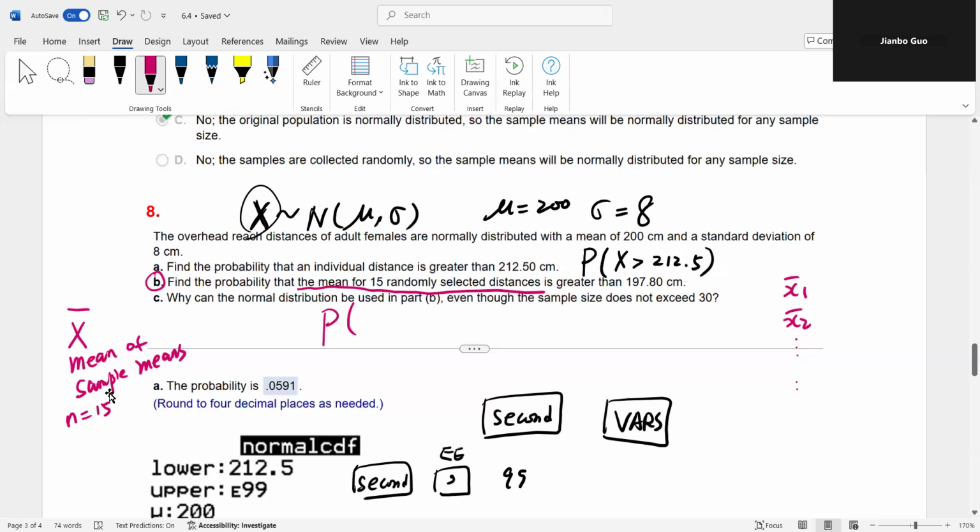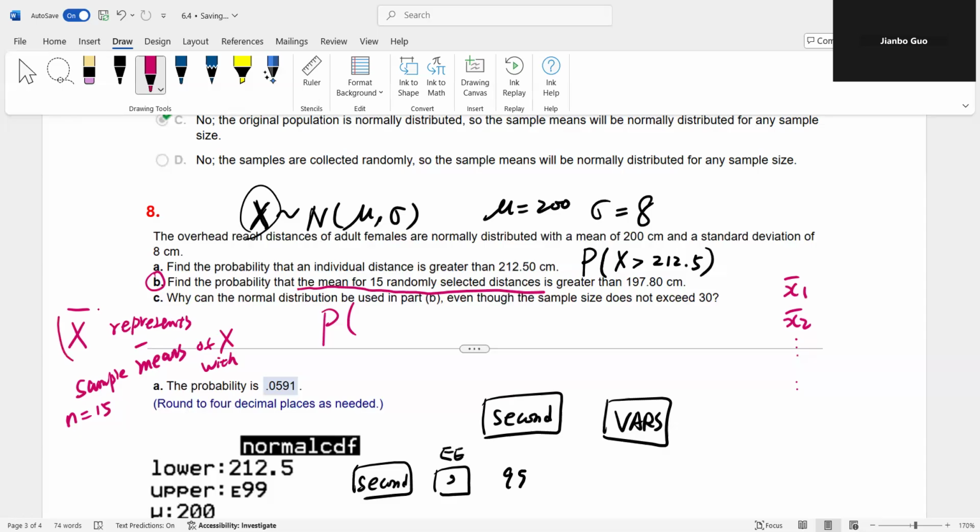By the central limit theorem, we know those sample means are normally distributed. I use capital X bar to represent the sample means. Let me rewrite it. X bar represents sample means of X with size 15.